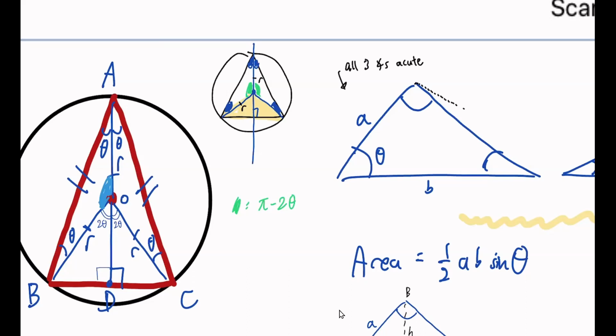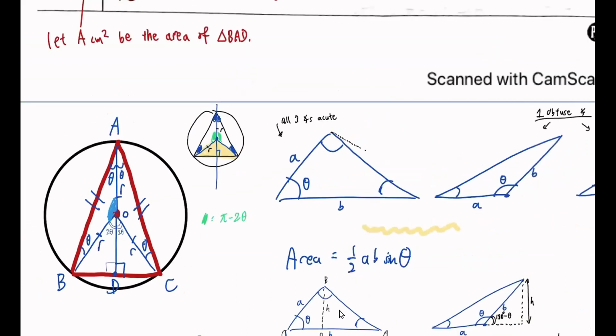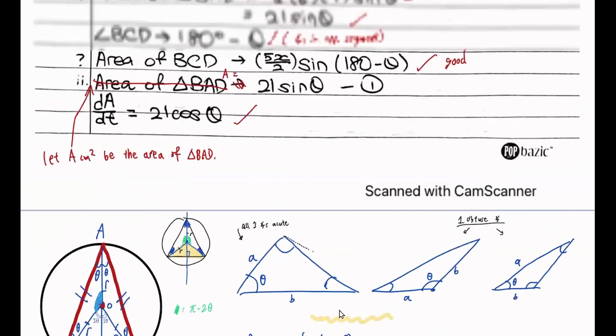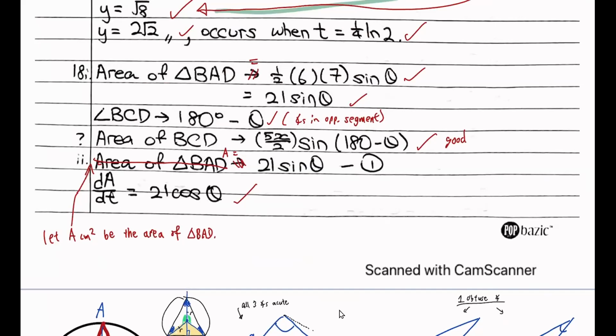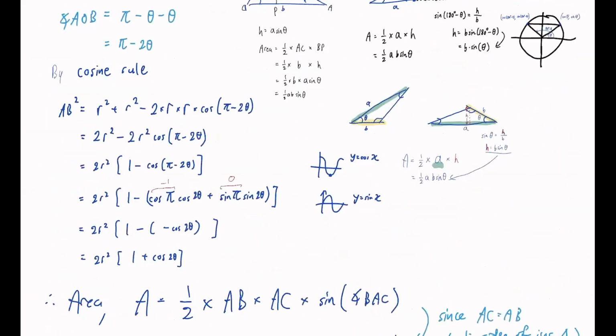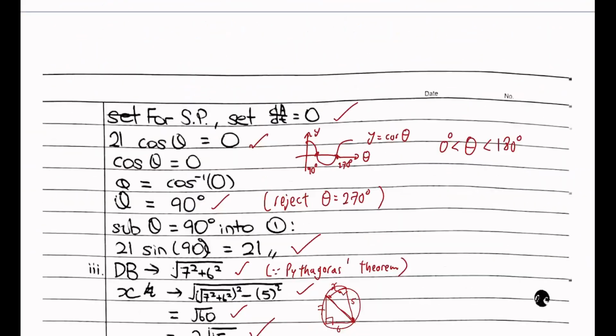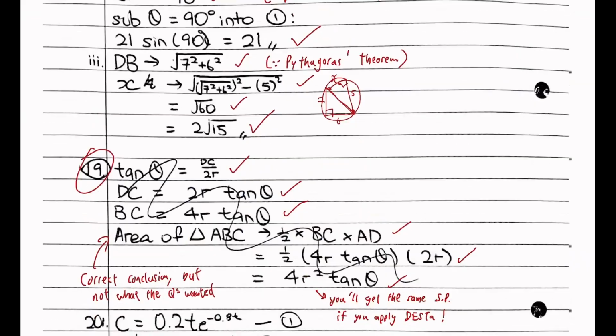It's correct, but if it is equivalent to what they want, involving both r and theta, the r square sine 2 theta bracket 1 plus cos 2 theta. It's correct as well, 4r square tangent theta.